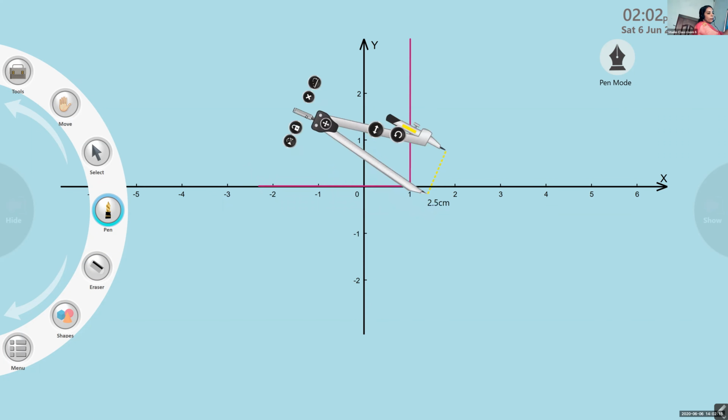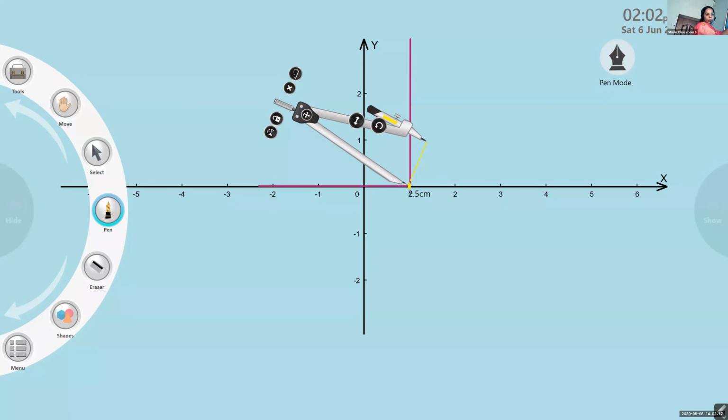Don't move the compass. Take the same radius. Keep the compass vertex, the pointed tip, at one.